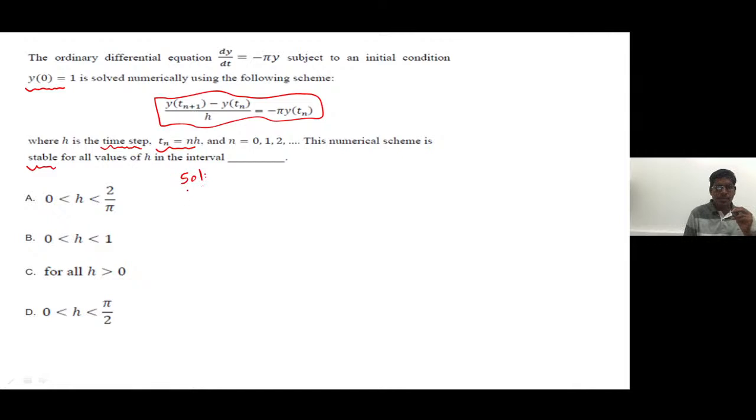Solution. Usually we should express the ordinary differential equation dy/dx is equal to f(x, y) in standard form, and the stability analysis is given by the forward Euler's iteration method.